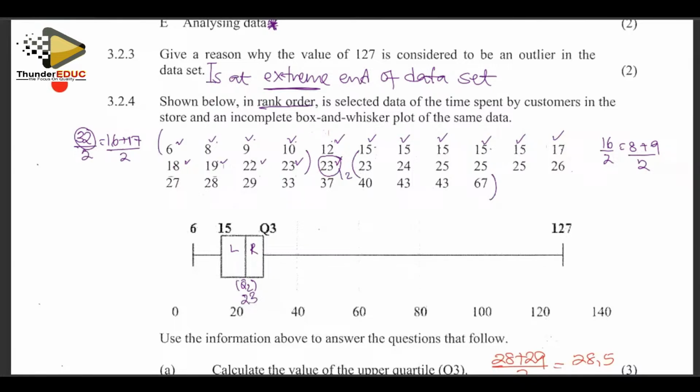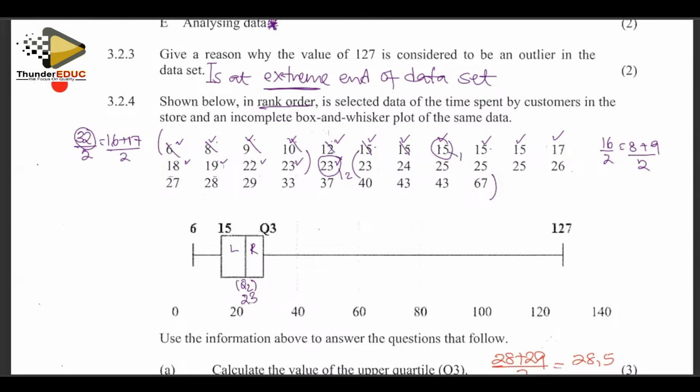So we shall say 1, 2, 3, 4, 5, 6, 7, 8. So we remain with 7 numbers on both sides, because 7 plus 7, you get 14, plus 1, you get 15. So our Q1 is 15.